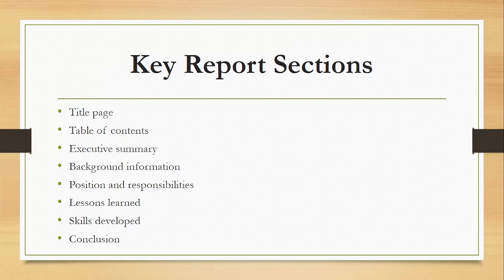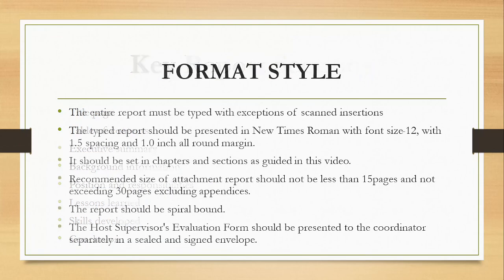Remember, you should generate one by using Word features such as table of contents automation, right? Also have an executive summary, background information, positions and responsibilities, lessons learned, skills developed, and conclusion. Ideally, what I'm going to show you is close to these key sections, but you can always adjust them accordingly.